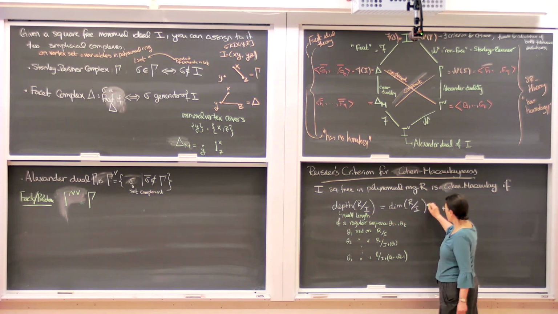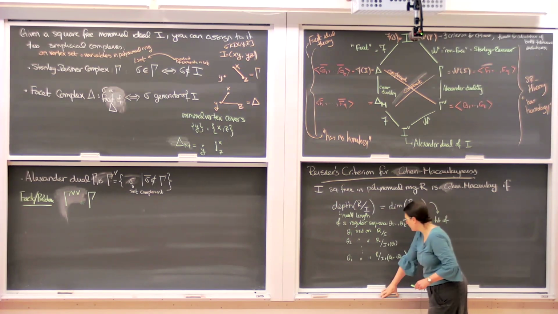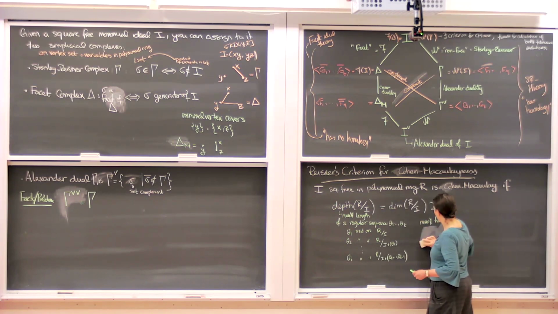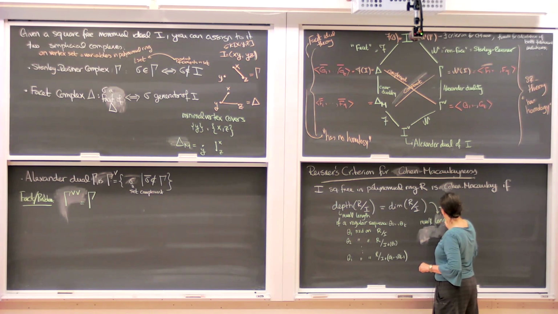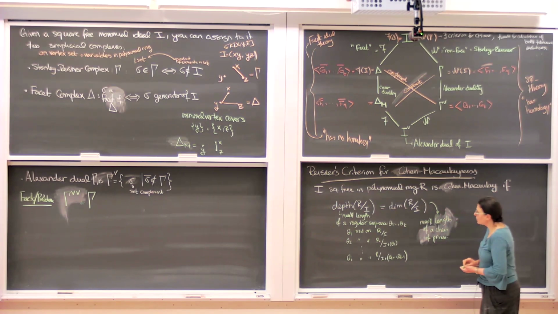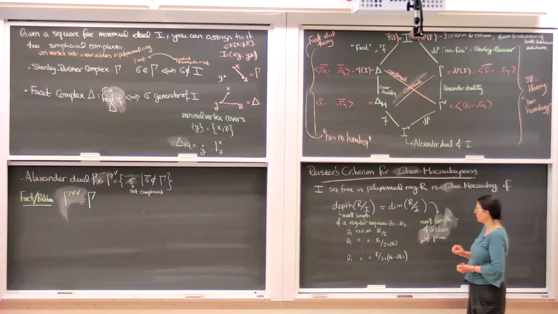And the dimension is the maximal length of a chain of primes. Just so that you know, this is pretty cool.